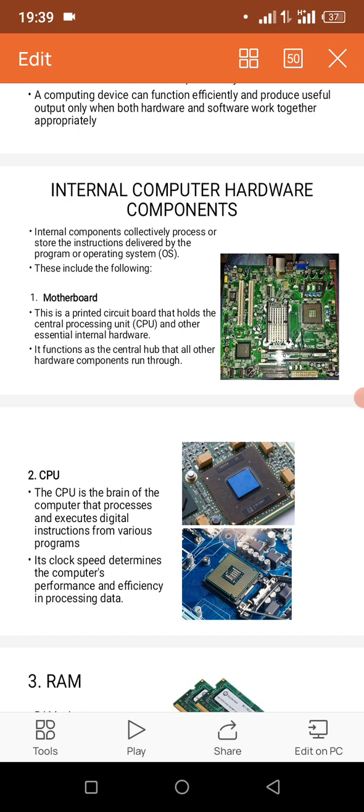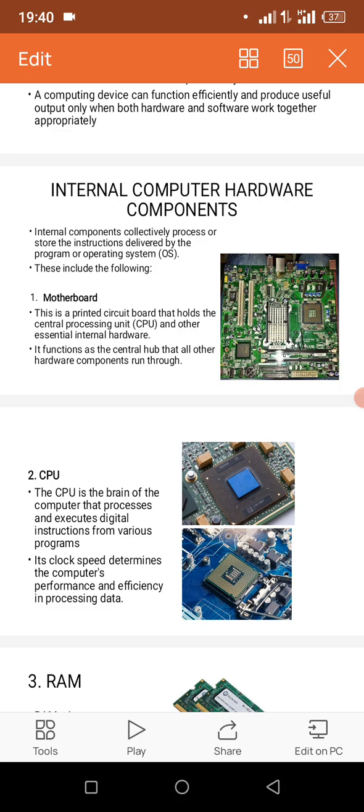When we see the picture on our right hand side, the whole of that is what we call a motherboard, where we are going to find our CPU, our RAM, our charging system, all those components of the computer which enable its function. They are found on the motherboard. So when we talk about the motherboard, we are talking about the engine of a computer.